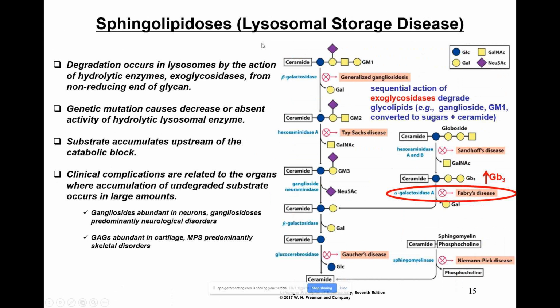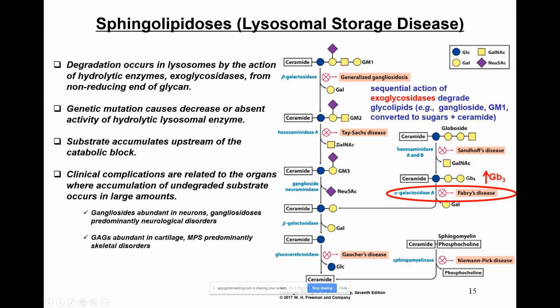And when this glycosphingolipid is degraded, it occurs sequentially by the action of exoglycosidases that remove the sugar one at a time from the non-reducing end of the glycan. So we're starting out with this molecule. We have a particular glycosidase here, beta-galactosidase, that removes this yellow sphere. This monosaccharide here is removed.